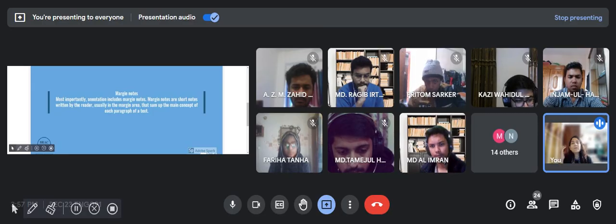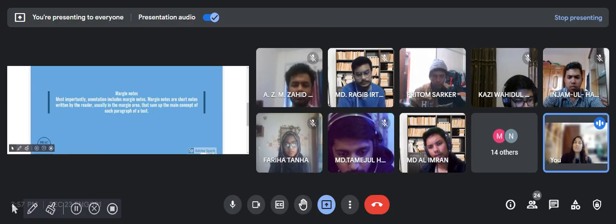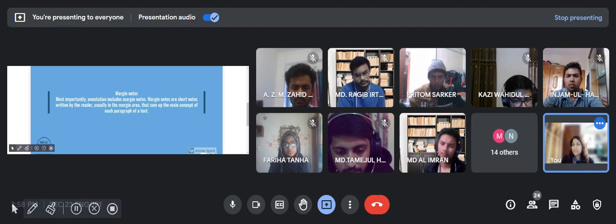All right, so from paragraph 1, there is one main idea, so underline that main idea. From paragraph 2, there is another main idea, so underline that main idea. And so after underlining all the main ideas, let's say from 4 paragraphs, you have to write margin notes in the margin area, which means in, as you have just watched in the video, in the margin area.